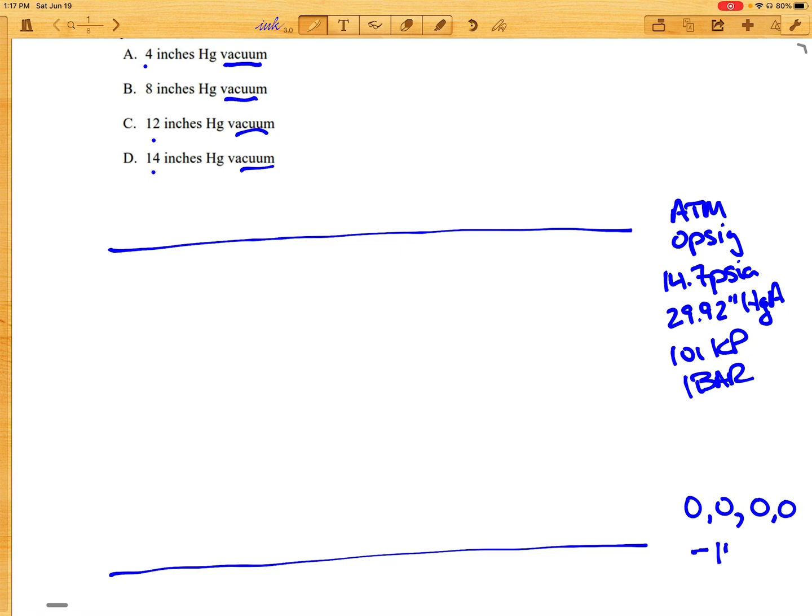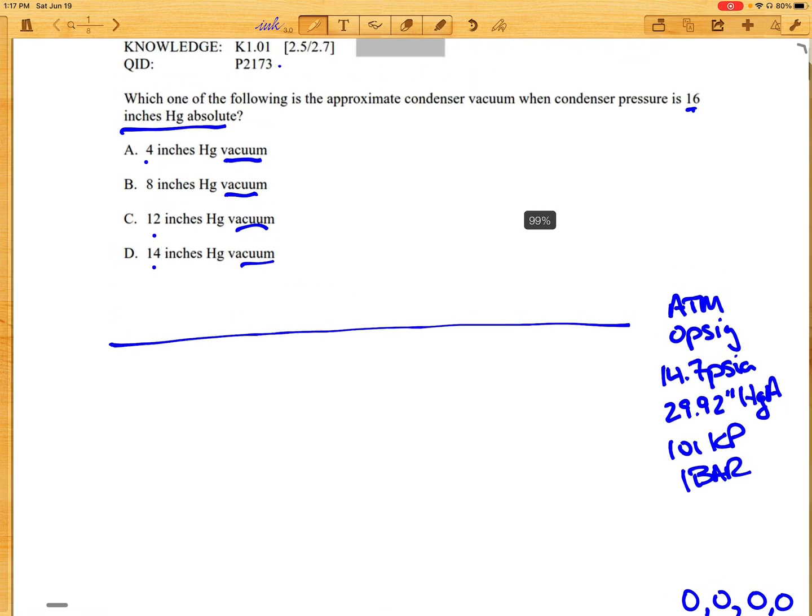However, it's going to be minus 14.7 psig. Okay? And it's also going to be minus 4. We'll go over that in a minute. All right. So what is it given us?